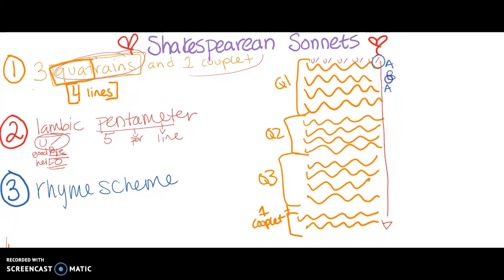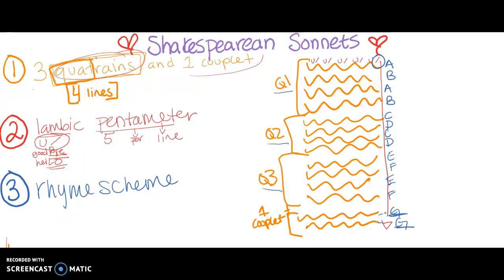The last syllable of the second line always rhymes with the last syllable of the fourth line. This goes through each of the quatrains. We call this A, B, A, B, C, D, C, D, E, F, E, F. And then the couplet does not switch off. The last syllables of the couplet rhyme together, so we name that G, G.